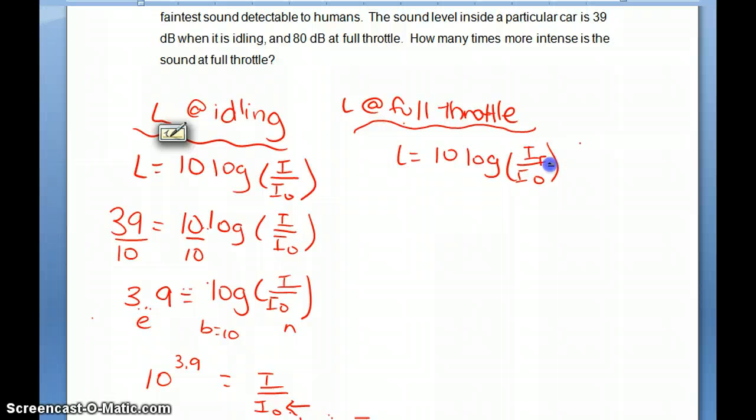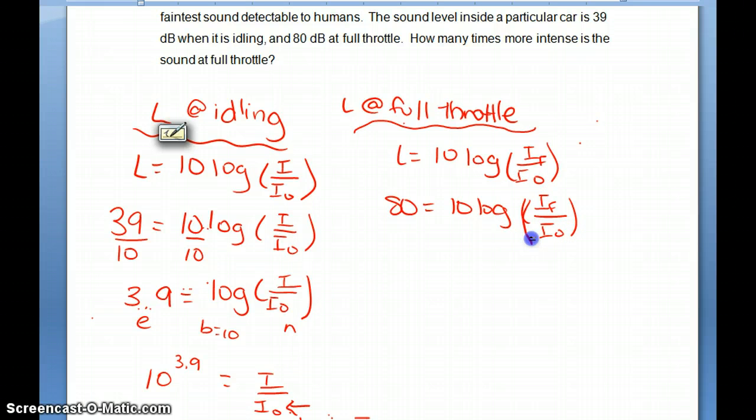Looking at this question, what do we know? The only thing we're given for this part of the question is that it is at 80 decibels when we're at full throttle. So L is equal to 80, and that is equal to 10 log of the intensity of full throttle divided by I naught.